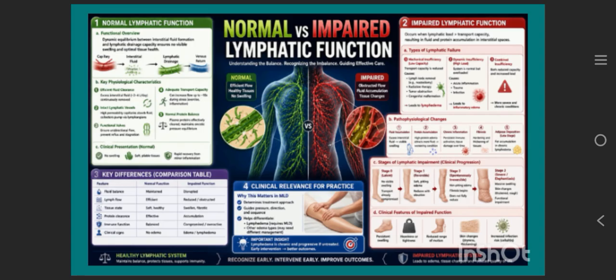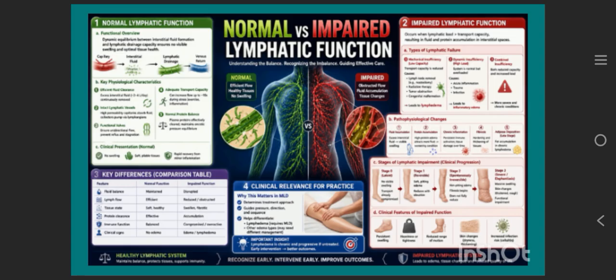Next we will discuss the stages of lymphatic impairment, the clinical progression. Stage 0 is latent: no visible swelling and transport already compromised. Stage 1 is reversible. Here there is soft pitting edema that reduces with elevation. The second stage is spontaneously irreversible. Here is non-pitting edema. Secondly, fibrosis begins.